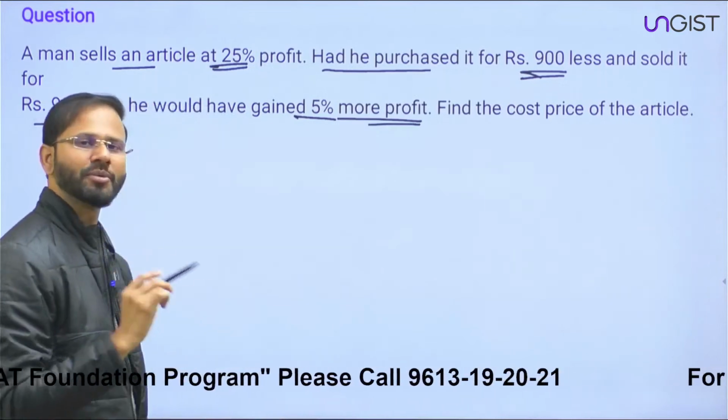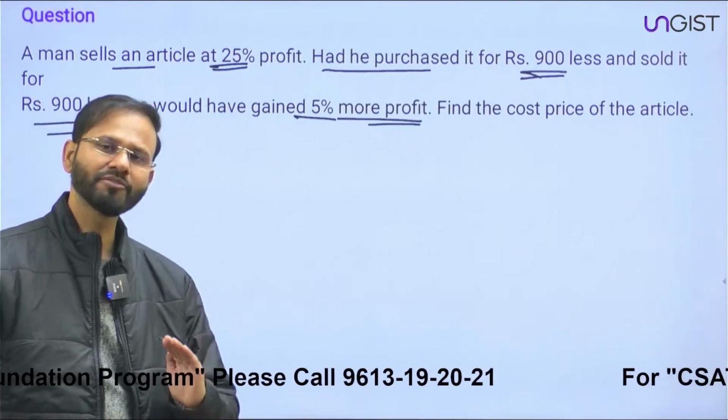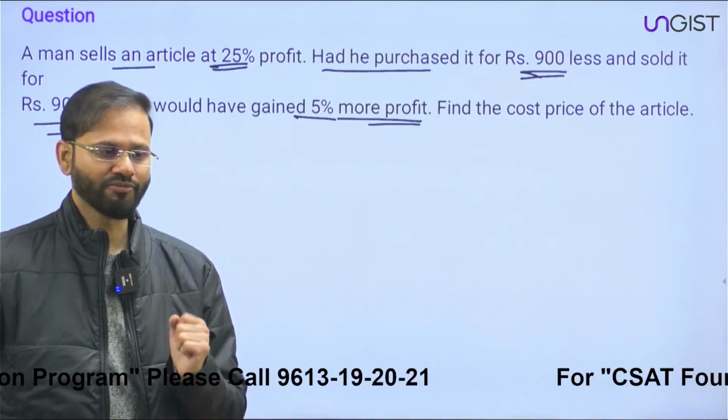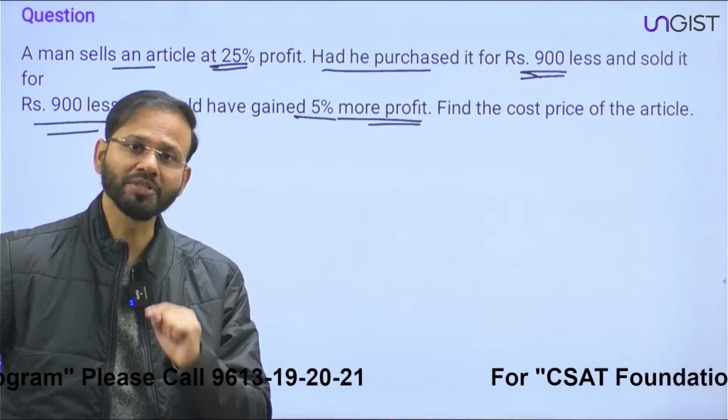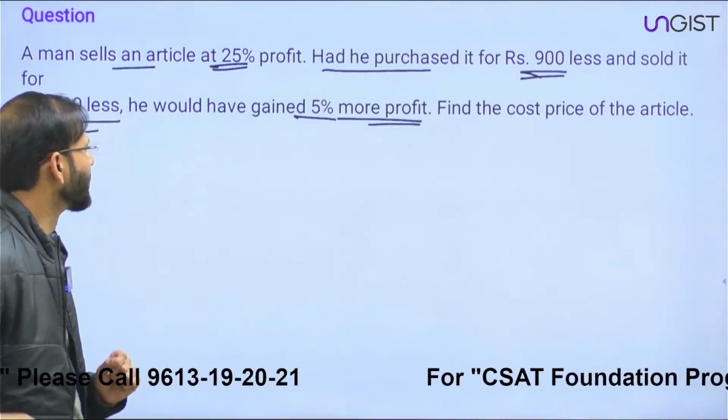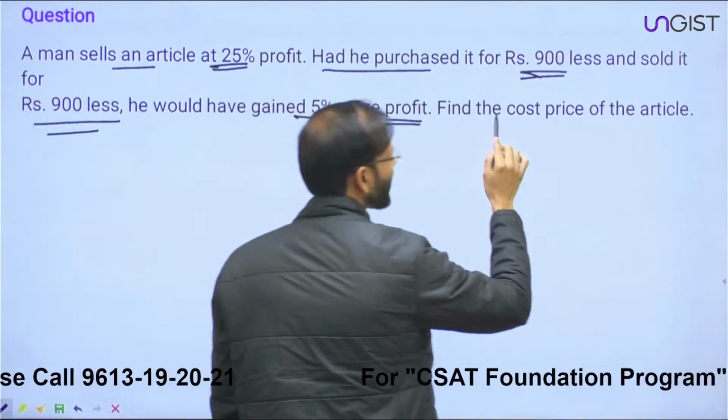Guys, first condition में 25% का प्रॉफिट हुआ है, सेकेंड कंडीशन में 5% more profit. So 5% more profit means this time 30% profit, right? Okay, find out the CP of the article.